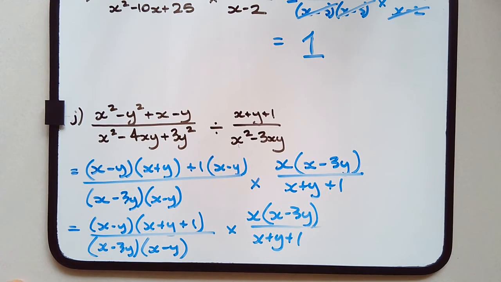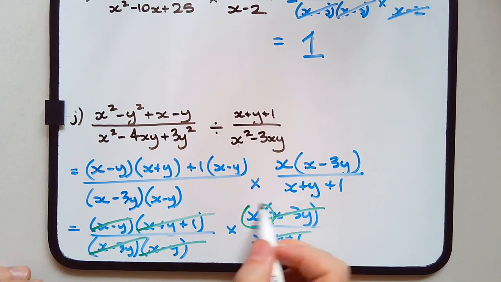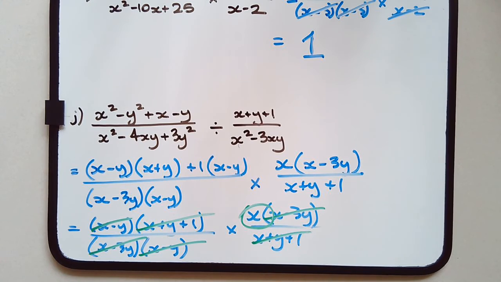And there's quite a lot of cancellation we can do here, in fact. So we can cancel that one there with that, that with that, that with that, and guess what's left? The x. Okay, and this whole thing simplifies to just x.